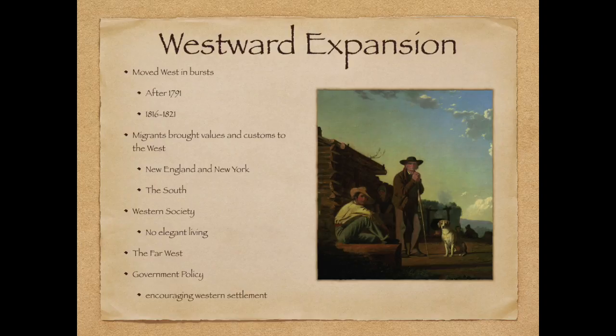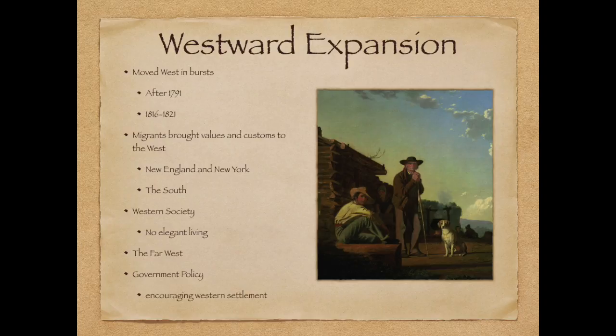Pioneers usually migrated as families rather than individuals, especially in these early spurts, and most of them clustered near the navigable rivers in the western territories, especially the systems created by the Ohio and Mississippi rivers. Migrants to the West often also brought with them the values and customs that were particular to the regions that they left behind, and they usually made lateral moves.